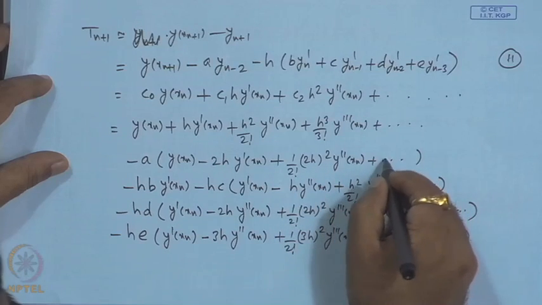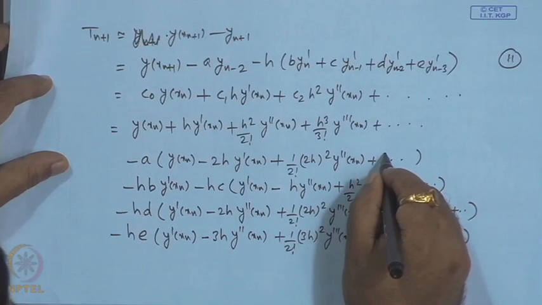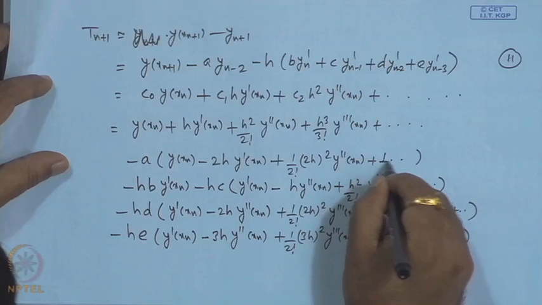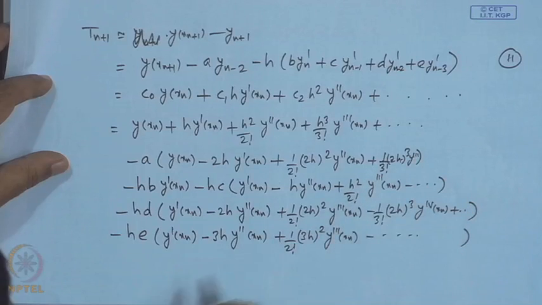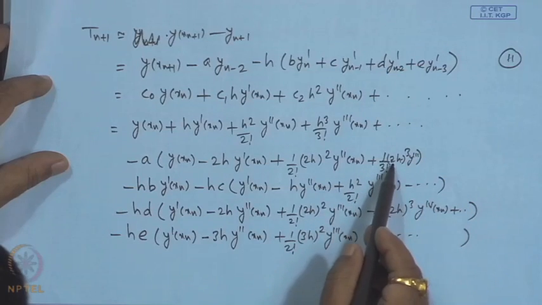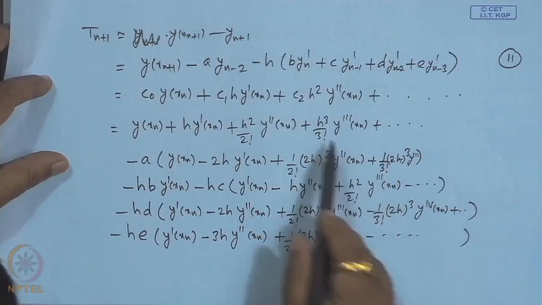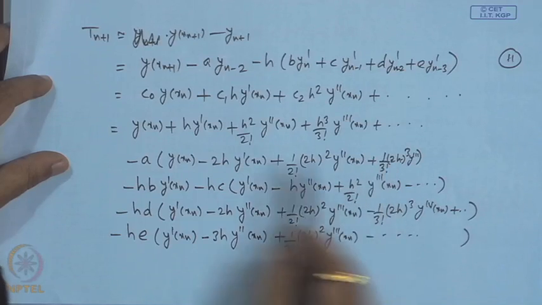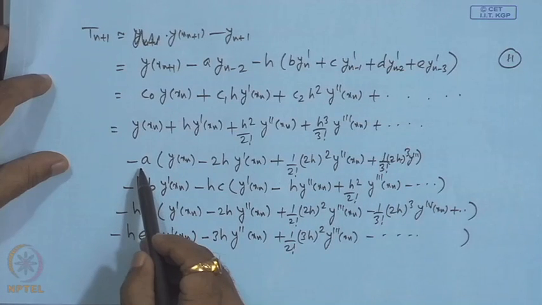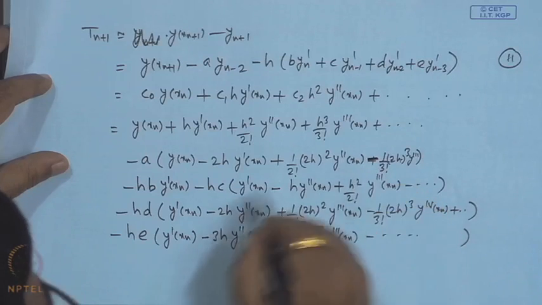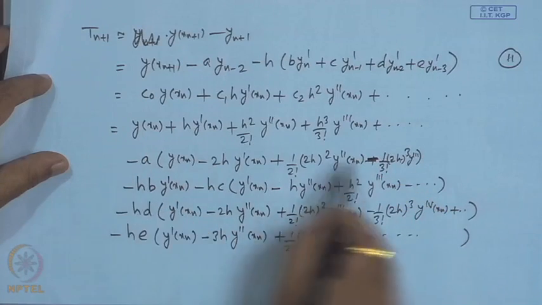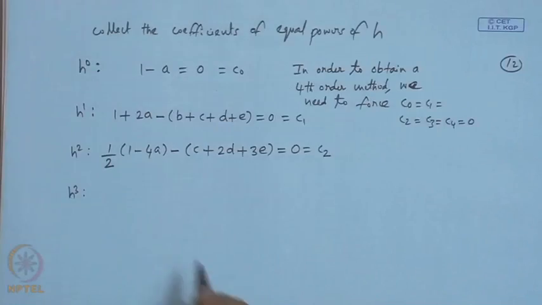So, the next term is 1 over 3 factorial 2 h cube y 3. So, we have 8 h cube. So, if you take 1 over 6 common, minus 8 A. Okay. So, this is with a minus sign, sorry. So, this will be plus 8 A. Okay.